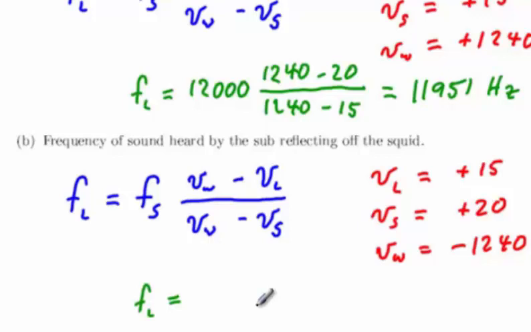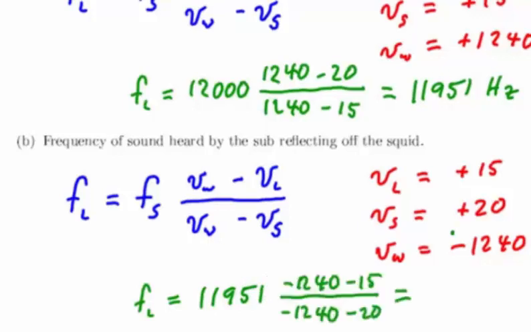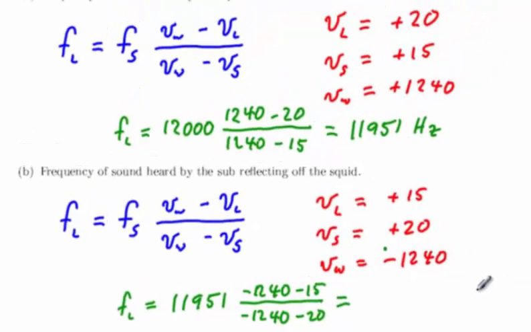The squid only hears 11,951, and so the frequency emitted at this stage in the problem is 11,951 as it comes off the squid, and in fact it will be even lower as it reaches back to the submarine. Plugging in the numbers, we get the result 11,903 hertz.